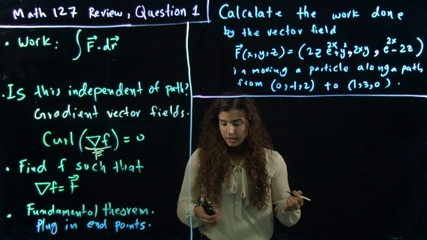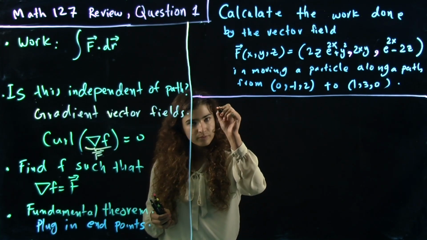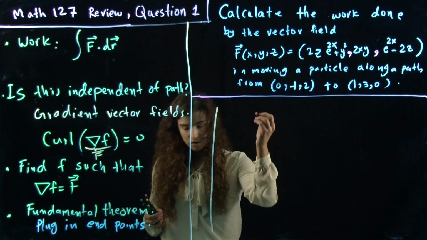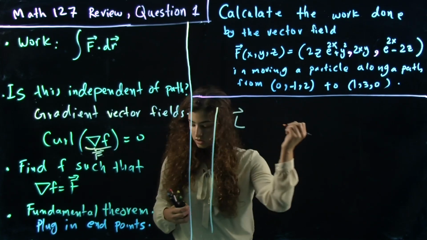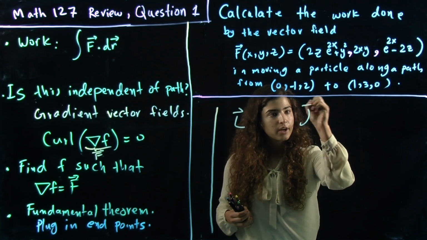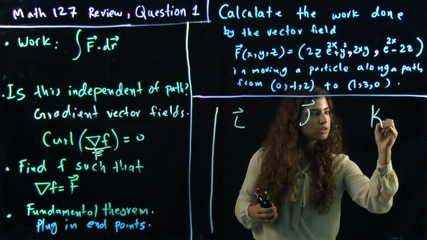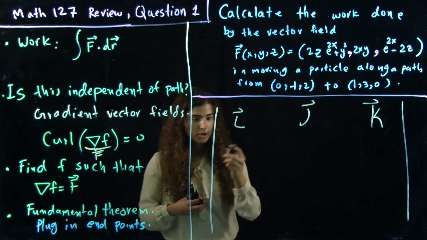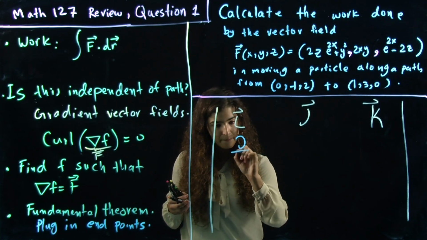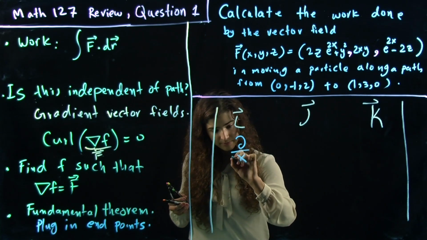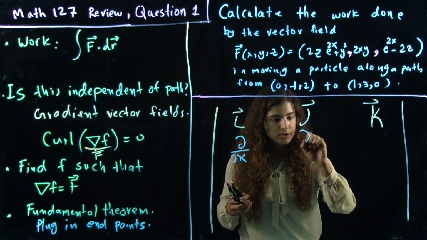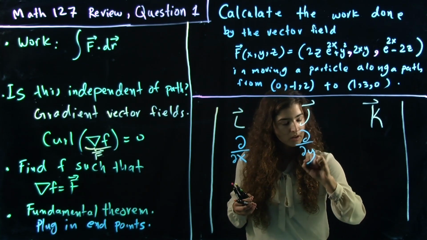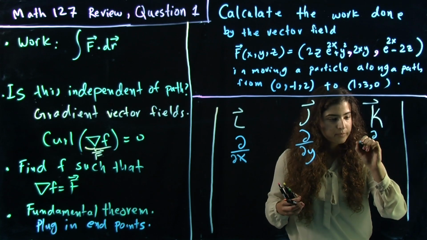So we have to set up our matrix. We have our i, j, and k, and then we have our partial with respect to x, our partial with respect to y, and our partial with respect to z.